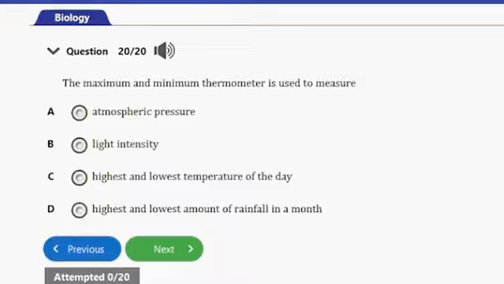So guys, the answer to this question is option C, highest and lowest temperature of the day. So that's it for that question. This instrument is also known as the Six's thermometer, and it's a thermometer that registers the maximum and minimum temperatures reached over a period of time. So basically it's like a 24 hours thing.